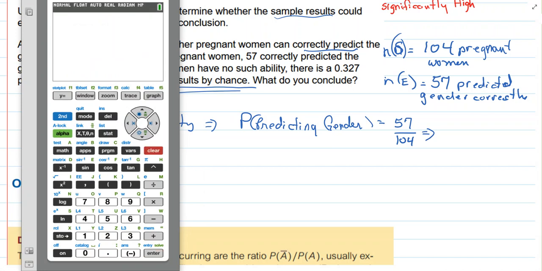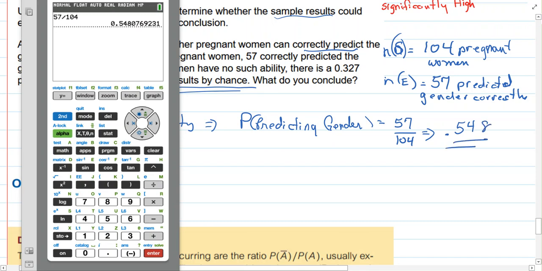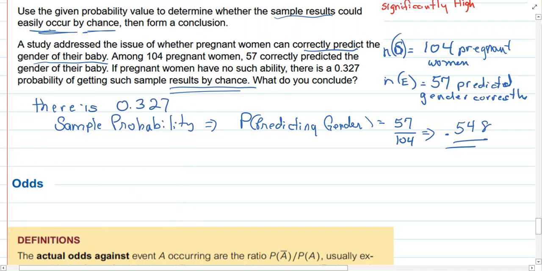Clear that. And we're going to enter 57 divided by 104, and I get almost greater than 50%, 548. We're going to do 3 decimals because they were given to us as the probability of selecting your gender by a bigger study. And that's what we said.